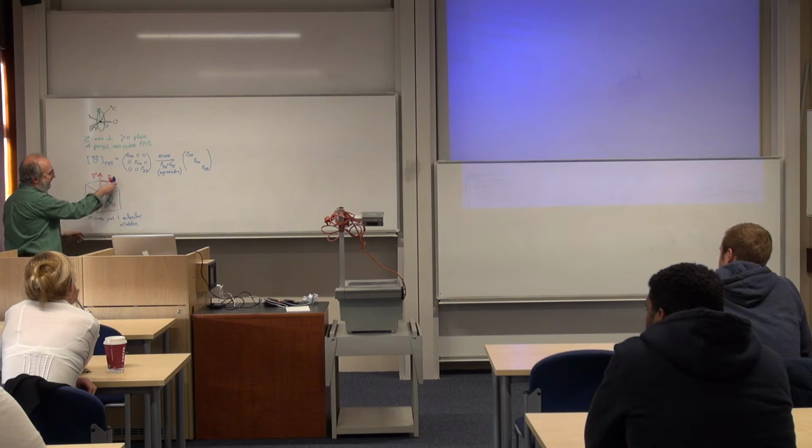For each position we could calculate this angle beta. As you rotate the crystal, the principal axis system rotates, and then the angle beta between the z-axis of the principal axis system and the magnetic field changes.